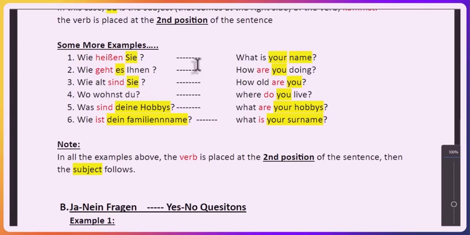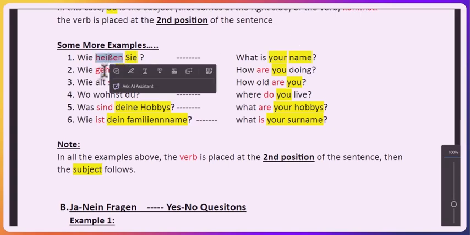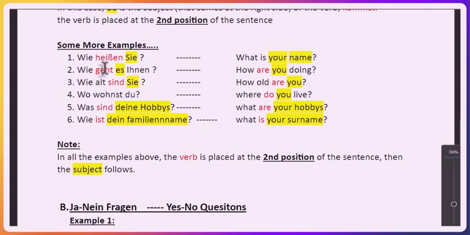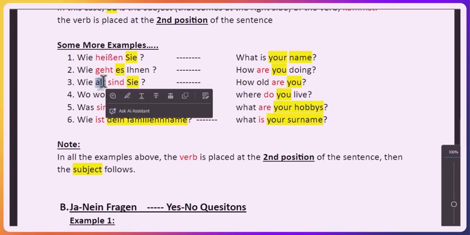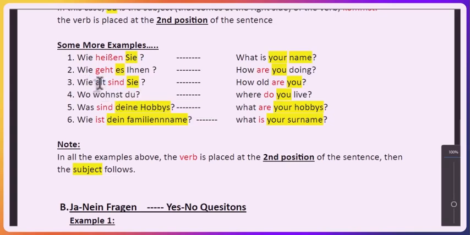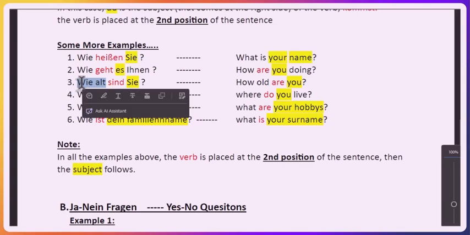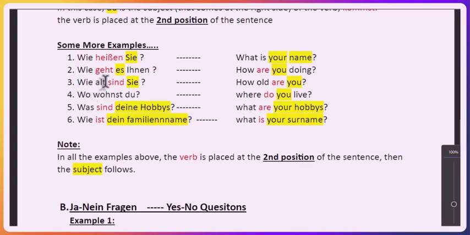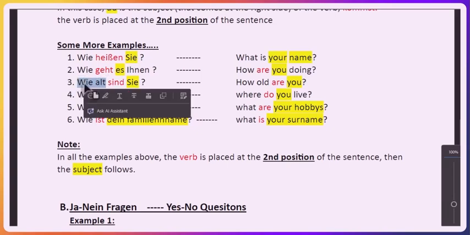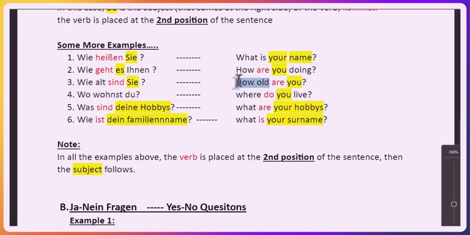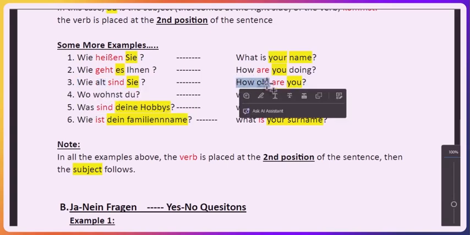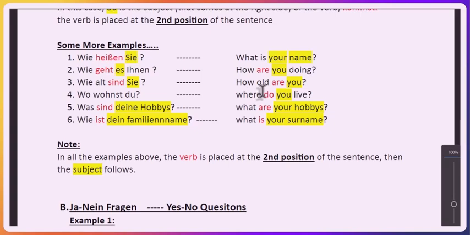Okay. In this particular question, the verb and the other word go together. How old? You cannot say how are old you.